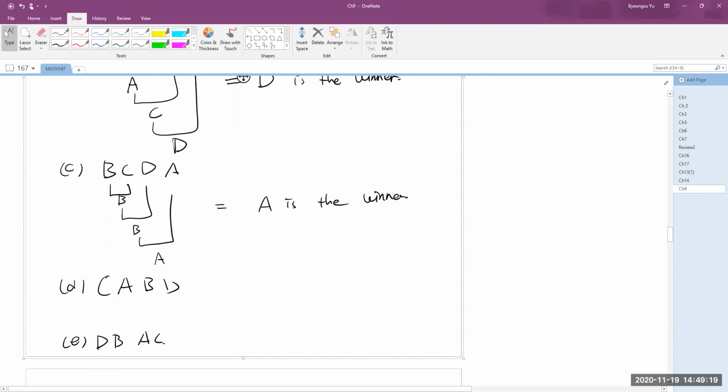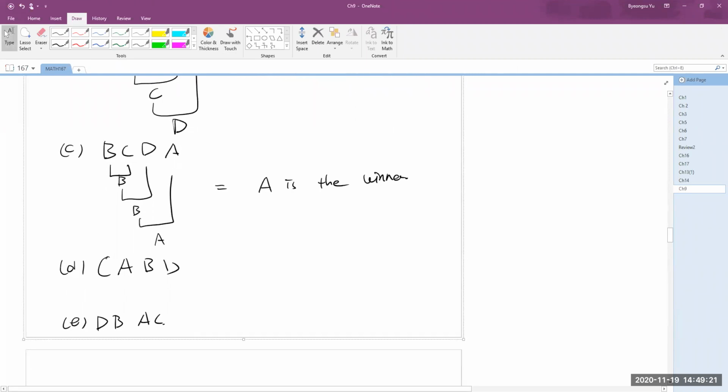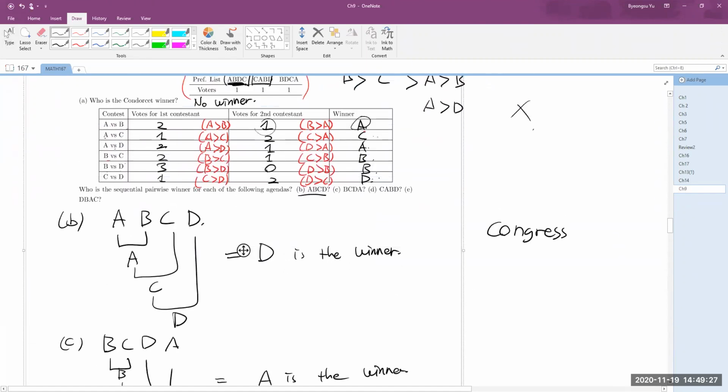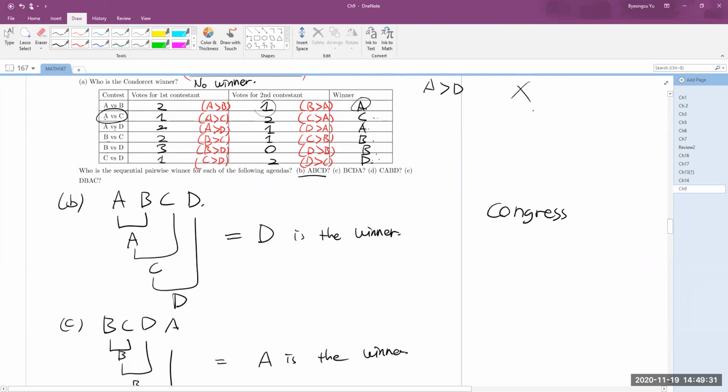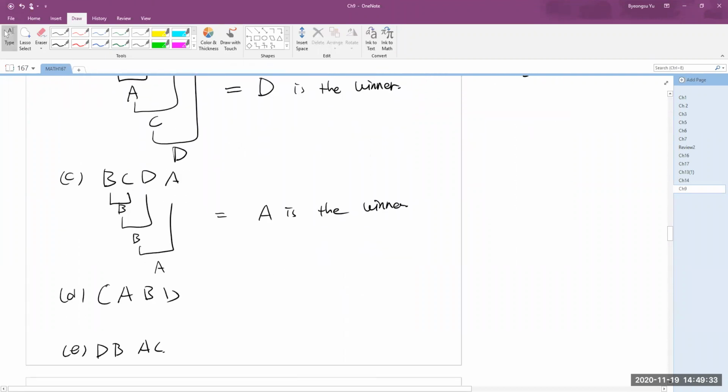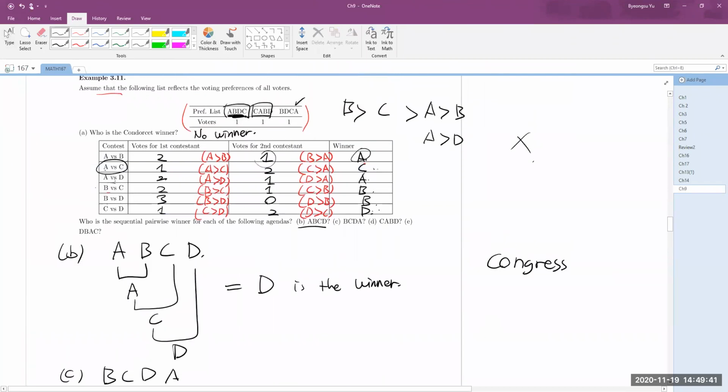Yes, in the exercise, let me think, for C, A, B, D, you first compare C and A. Since C is the winner, C goes on. Then you compare C and B, and B is the winner.